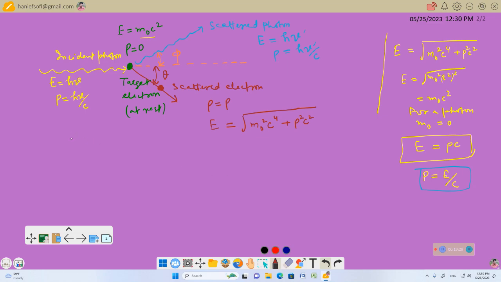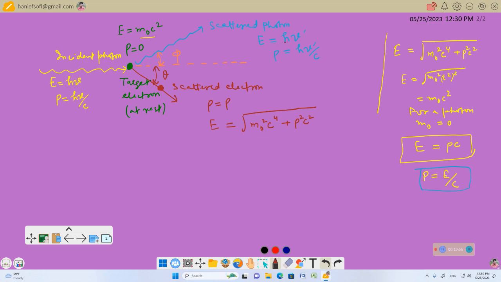I have a photon which comes with energy h nu and momentum h nu by c. It hits the target electron which is at rest. Its momentum is zero. Its energy is just rest energy m naught c square. The photon gets scattered in a direction which makes angle phi with the direction of the incident photon. The scattered photon loses energy.